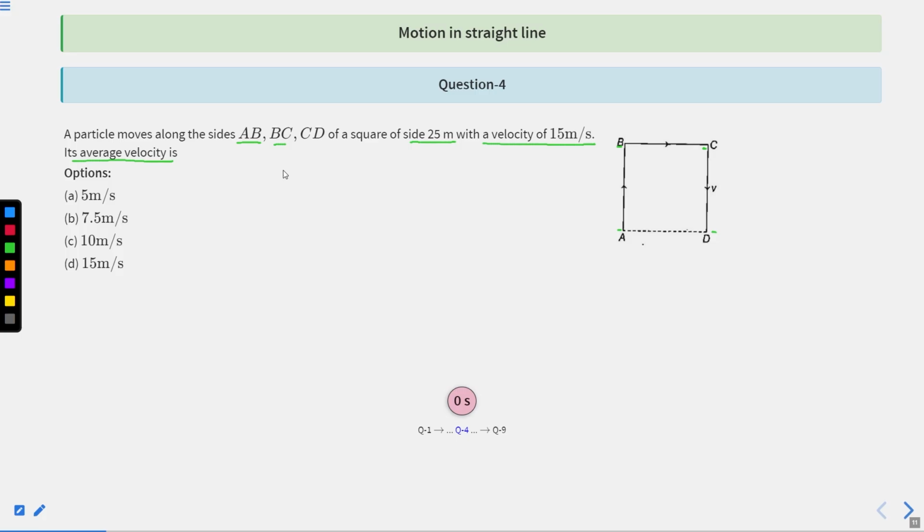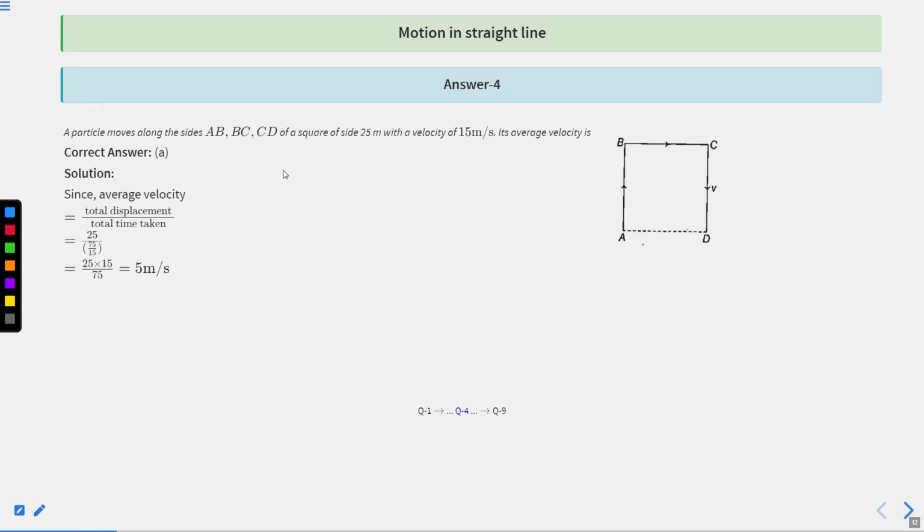Let's find a solution. Particle moves along these sides AB, BC, CD of a square of side 25 meter with velocity 15 meter per second. Its average velocity is total displacement upon total time taken. The total displacement is 25 meter and total time taken is 75 divided by 15.